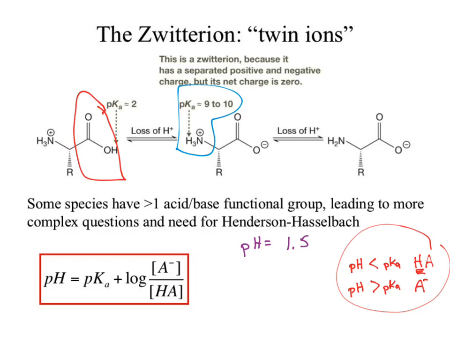This is why it becomes tricky for the nitrogen. If I have the hydrogen on, is it HA? No, it's HA plus. Why has it become trickier for the nitrogen? Because the nitrogen acted as a base.